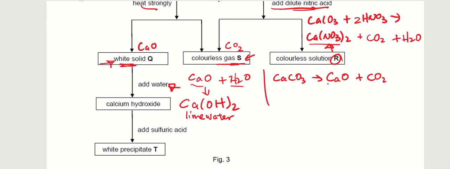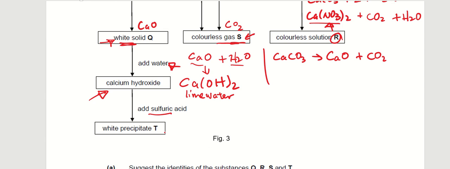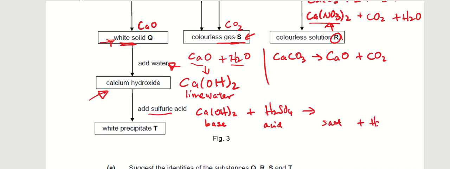Oh, hang on, there's one more here. Calcium hydroxide added to sulfuric acid. What will be my white precipitate? Let's figure out. Calcium hydroxide, which is a base, is added to sulfuric acid, which is an acid. Acid plus base will give you a salt and water.